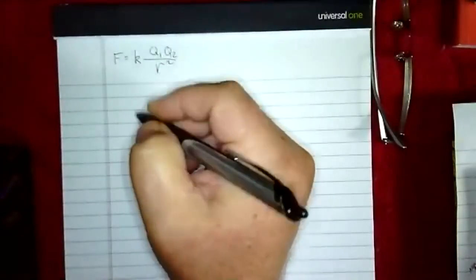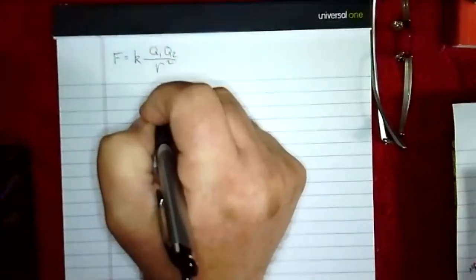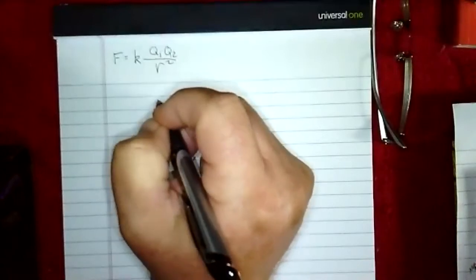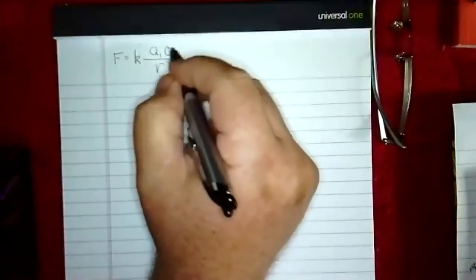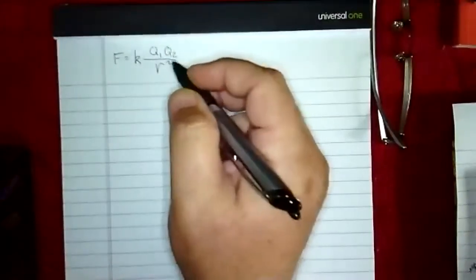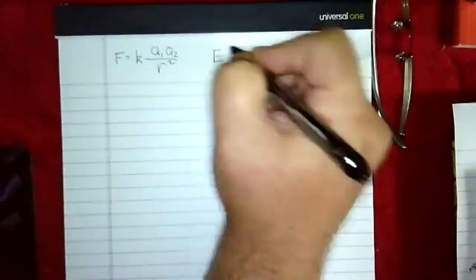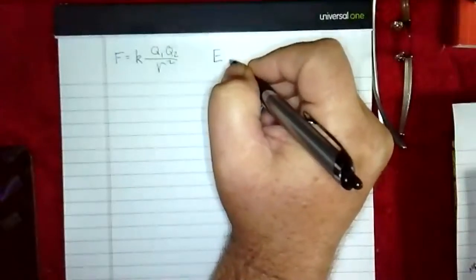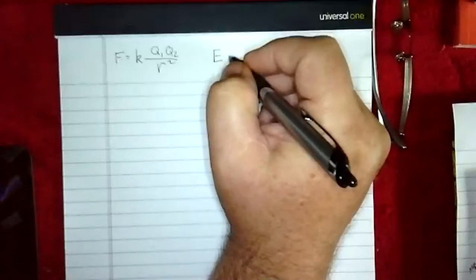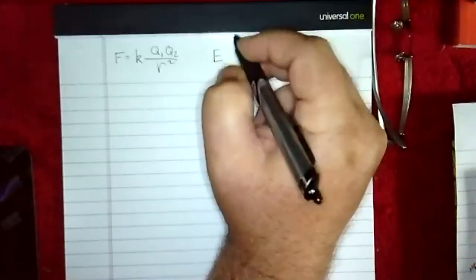Then we were able to come up with a concept of electric field that allowed us to get rid of the concept of action at a distance. So we were able to stop thinking that this charge here reaches out and affects this charge here without physically touching it. We introduced the electric field, which is basically the force on a charge lowercase q divided by that charge lowercase q, and we tried to take it in the limit as that lowercase q got really, really small so that it didn't actually affect the electric field to begin with.